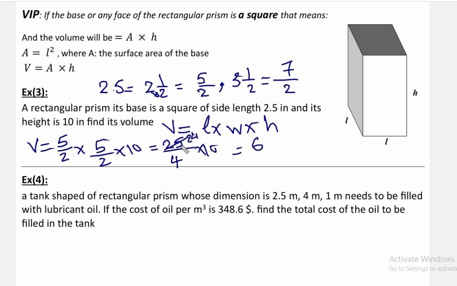The remainder from 24 to 25 is a quarter, times 10. 6 and a quarter is 6.25. 25 times 10, again, had the same answer, 62.5 inch cube. Okay, take your note, pause the video, and move to another example.